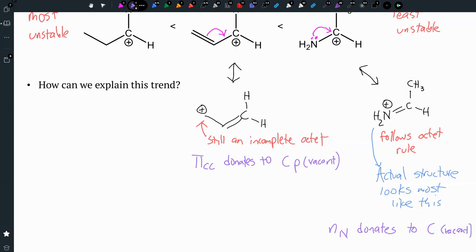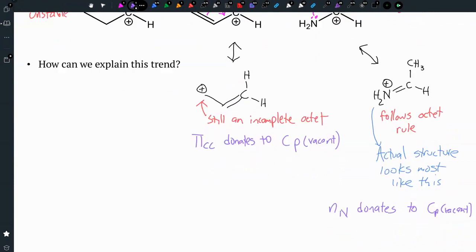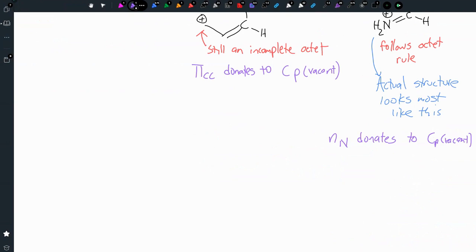From a molecular orbital standpoint, if we ask ourselves which is a better donor, pi C=C or a lone pair, a lone pair is a higher energy orbital, so the lone pair is a better donor. So it has a greater stabilizing effect.